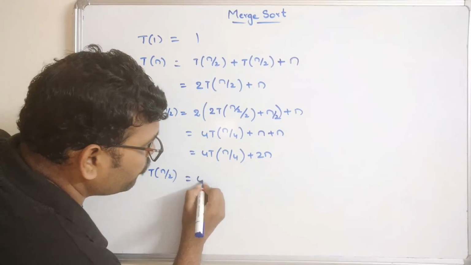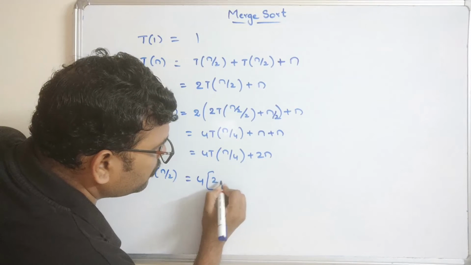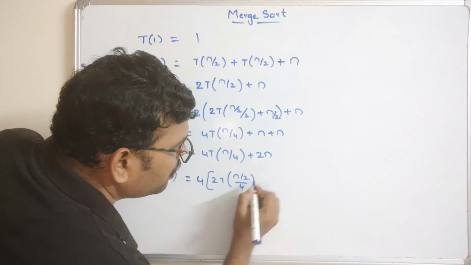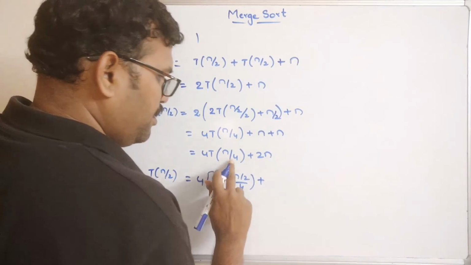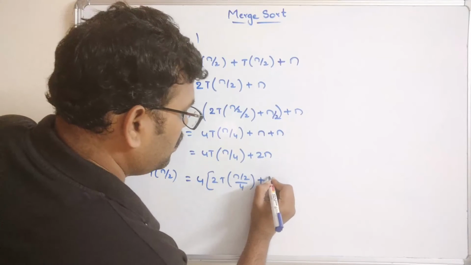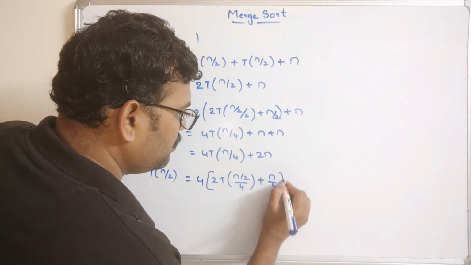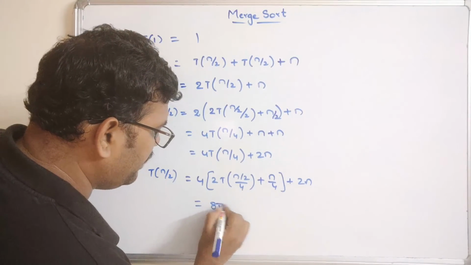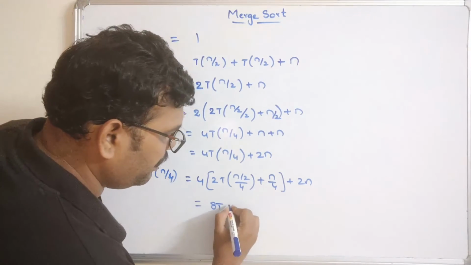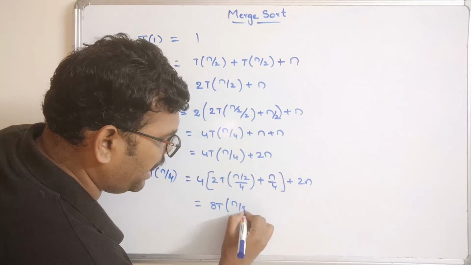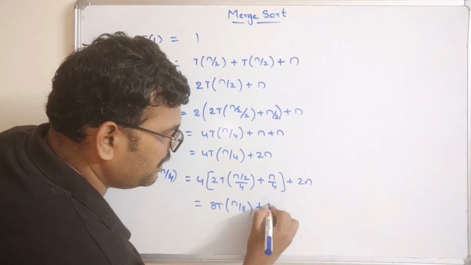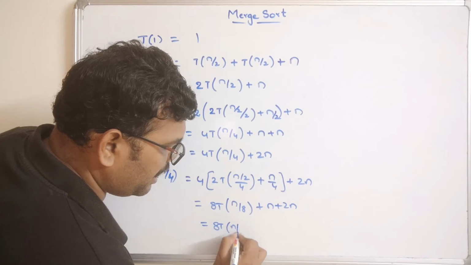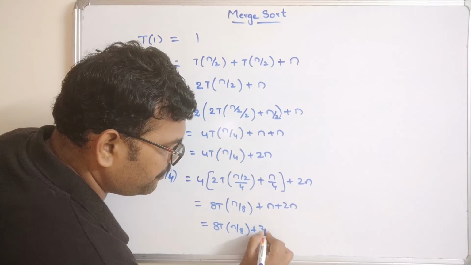Further division, so we can write 4 into 2T of n by 2 divided by 4 plus n by 4 plus 2n. So it will be 8T of n by 8 plus n plus 2n, which will be 8T of n by 8 plus 3n.